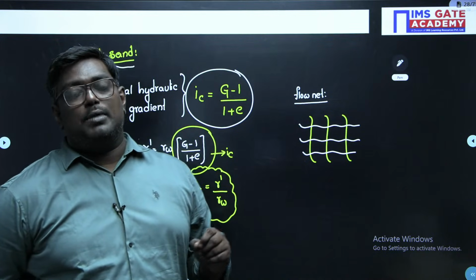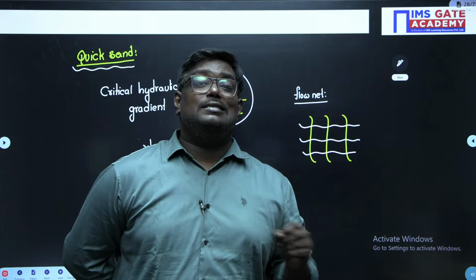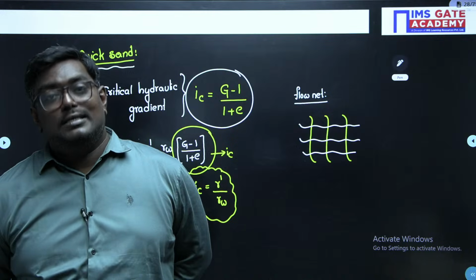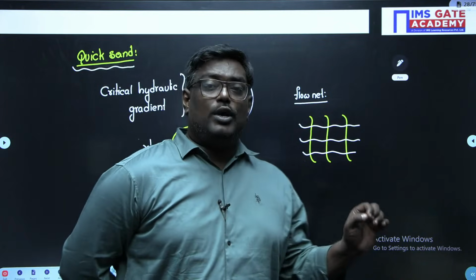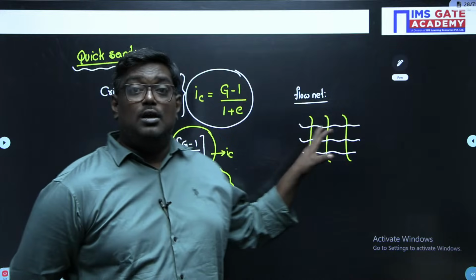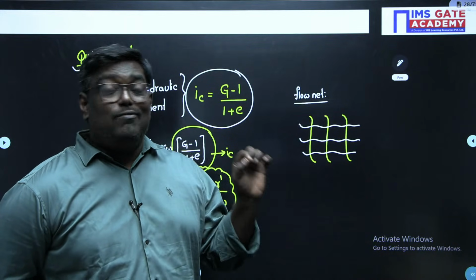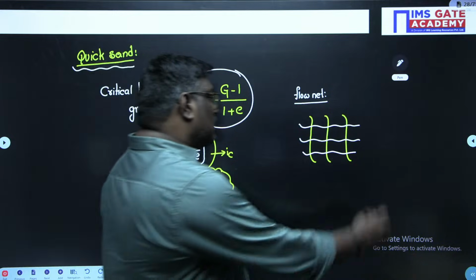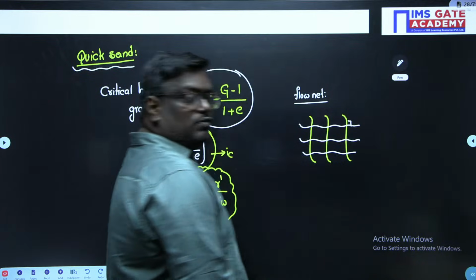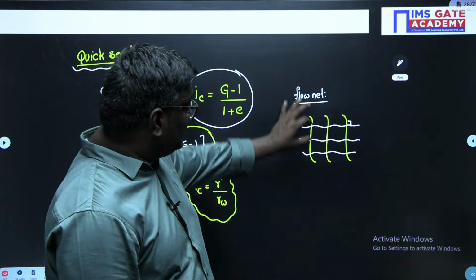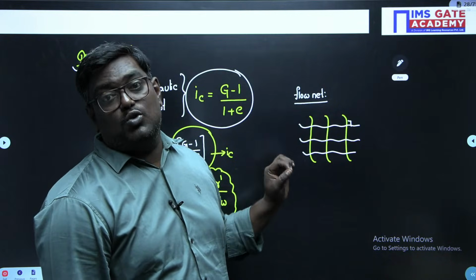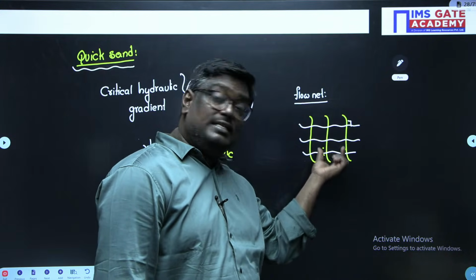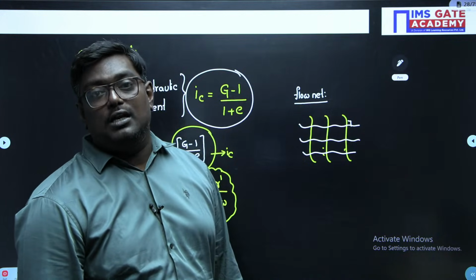In soils, velocity head is neglected. The flow line is the line along which a water particle travels. Flow lines and equipotential lines are perpendicular to each other. The space between flow lines is known as a flow channel. The space between two adjacent flow lines and two adjacent equipotential lines is known as a field.